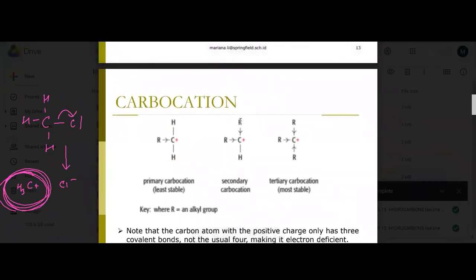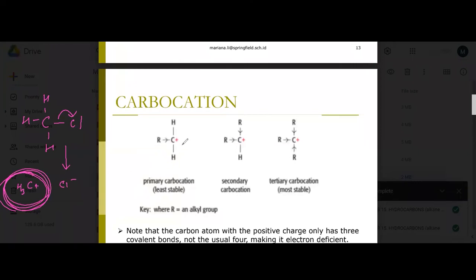Okay, before we learn about the factors that affect the stabilization, let's learn about the types of carbocation. There are three types of carbocation. The first is primary, the second is secondary, and the third is tertiary carbocation. The differences between them are about how many R groups are connected to the C+.